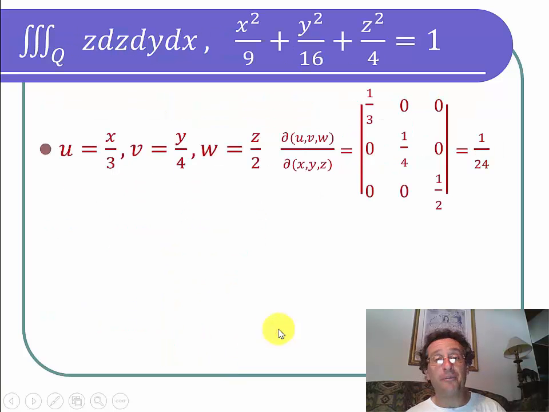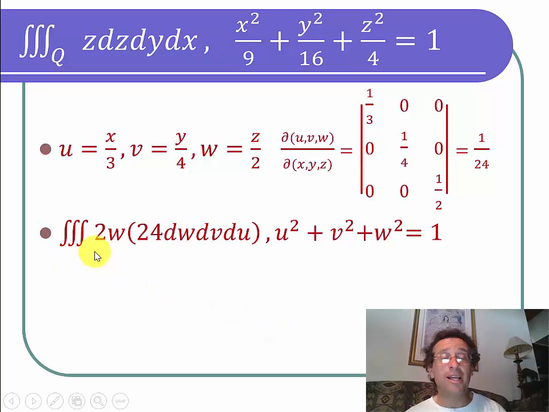So now let's put it all together. We have a triple integral. I'm going to hold off on what the surface is for now. It is a unit sphere, but we don't need to go there yet. You'll see why. We have that z is equal to 2w. So I put a 2w for the regular integrand.